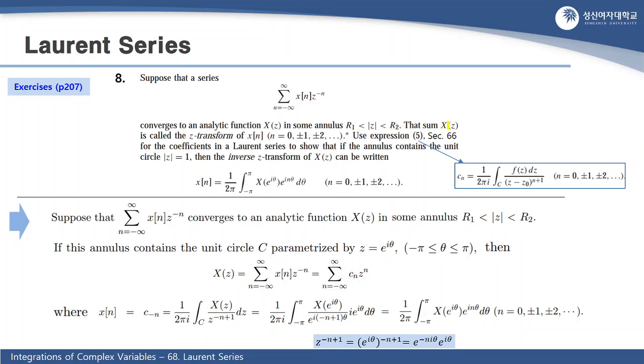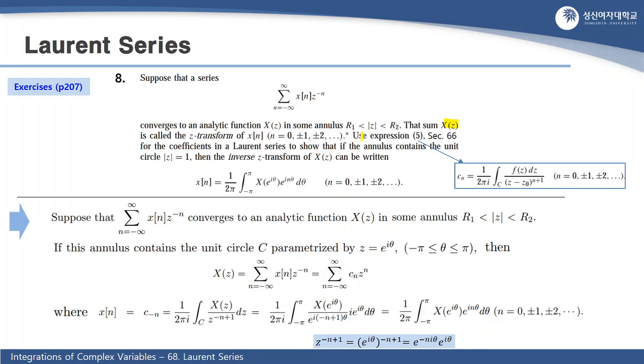That sum X of g is called the G transformation of x square bracket n, where n is 0, plus minus 1, plus minus 2, and keep going like this.